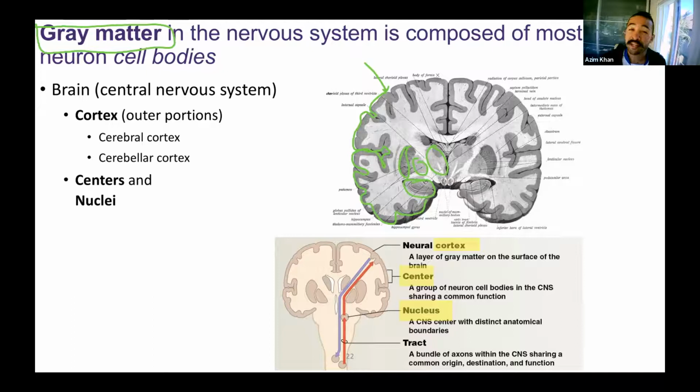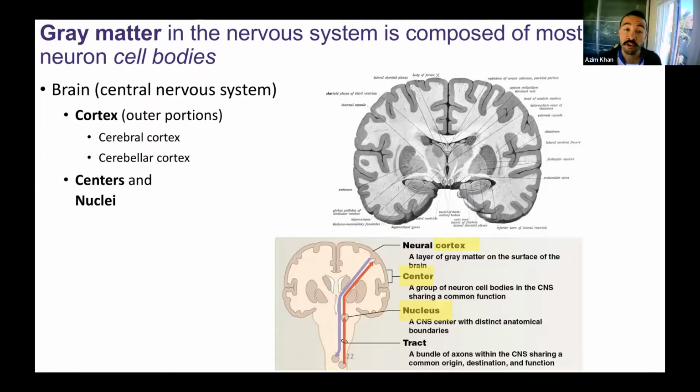The reason why they have this color is because you have a lot of neuron cell bodies in these locations. Neuron cell bodies, those interneurons, they're found here. You find glial cells there too. Glial cells are everywhere in the nervous system.